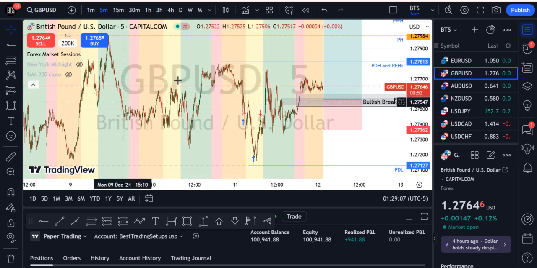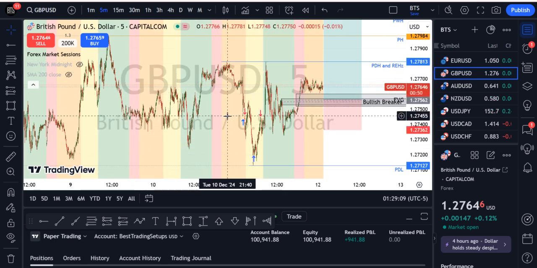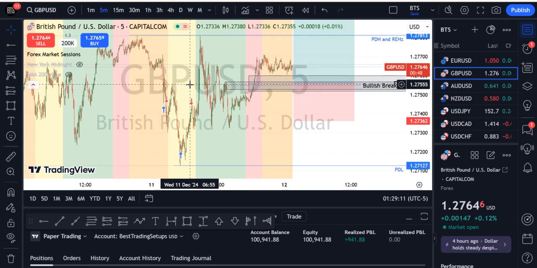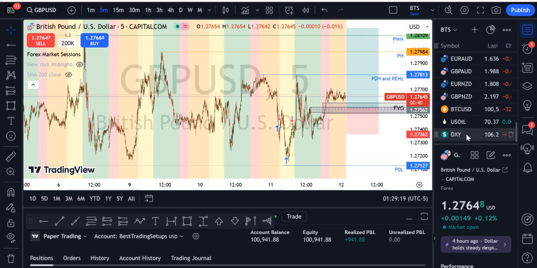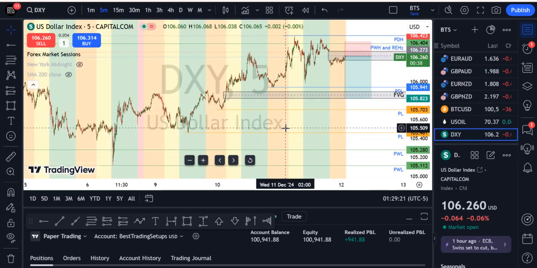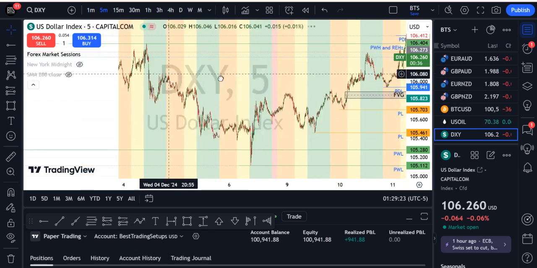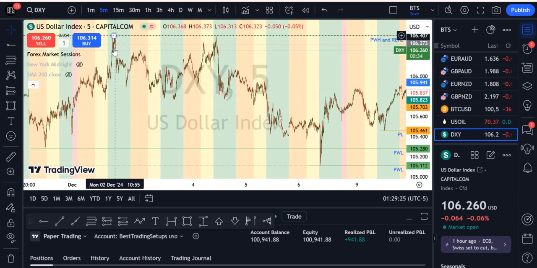Also around here, where we are currently on this market, we can observe that an SMT divergence is also happening. The reason why is because in DXY we already have price reach this high. Now anytime GBP is making a low, it means DXY is making a high.